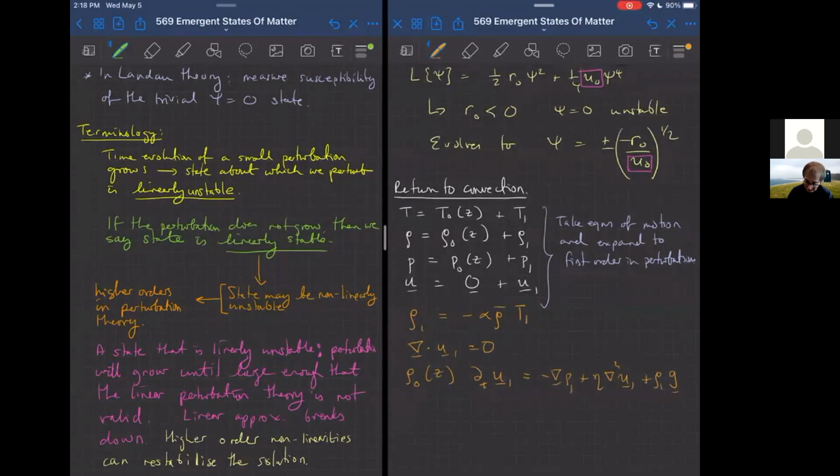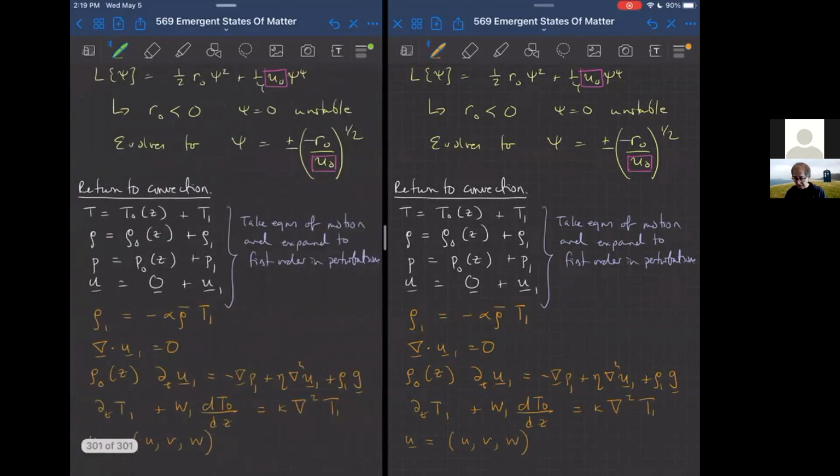And d by dt of T1 plus w1 dT naught by dz is equal to kappa del squared T1. Here I've written the velocity field in its x, y, and z components as u, v, and w, so w1 in the T1 equation is just the z component of the perturbation of the velocity. Okay, so that's the equations.